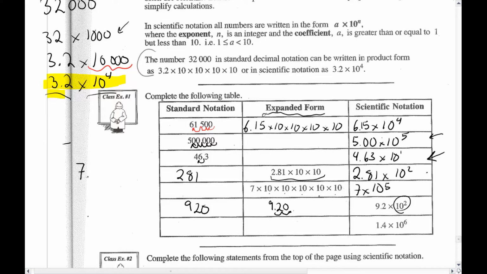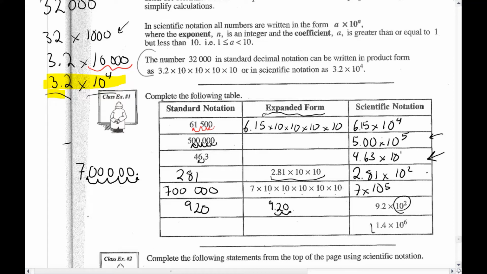That means my decimal place is sitting right after the 7, and I'm going to move it 5 times. 1, 2, 3, 4, 5. And every spot there has to be filled with a 0, or 5 zeros. So that means that is 700,000. Just like 5 times 10 to the 5 was 500,000, 7 times 10 to the 5 is 700,000.